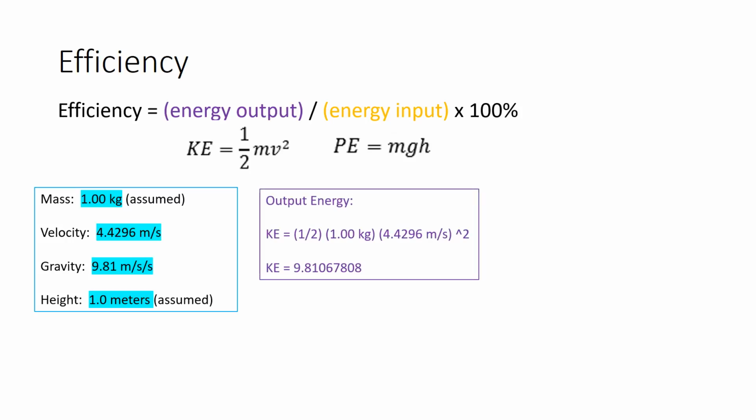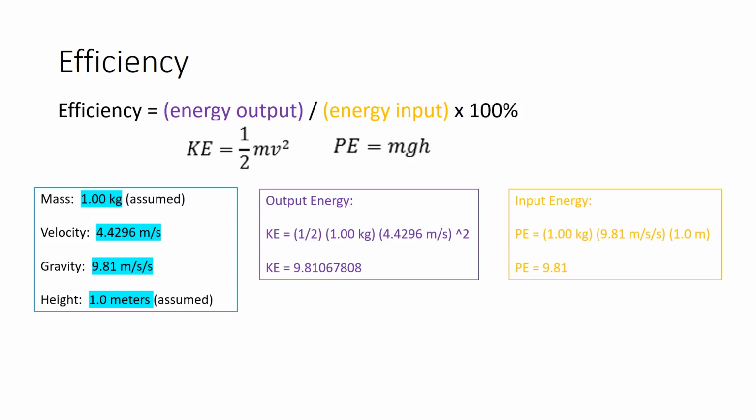So next is to find the energy output. We'll substitute those values in: 1/2 times 1.0 kilograms times 4.4296 meters per second squared, and that comes out with the kinetic energy, or the energy output, being 9.81067808.